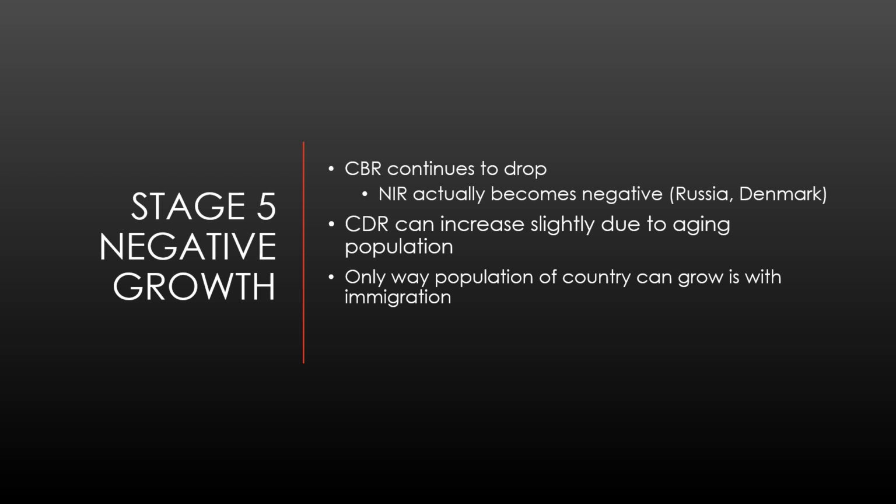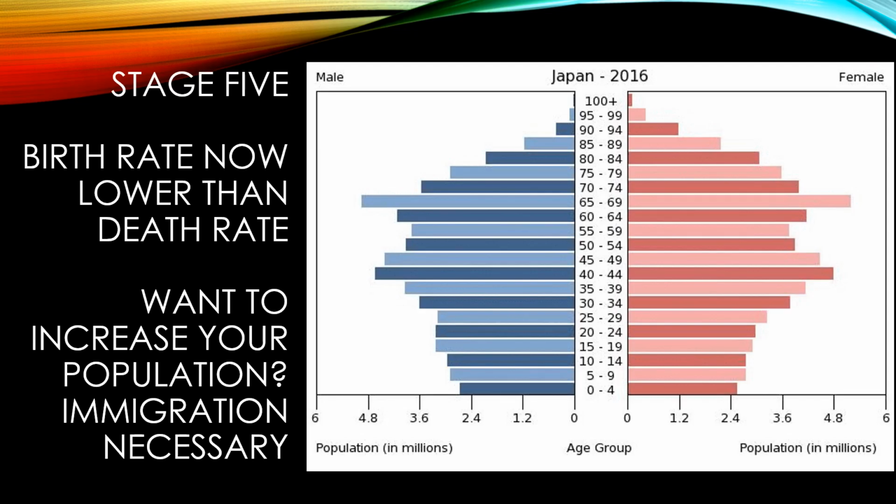And the only way your population can grow, the only part of your country that you can get bigger, is with immigration. And here we go, stage 5. The birth rate is going in and eventually going to get smaller and smaller. So if you want to increase your population, you've got to go out and get people.